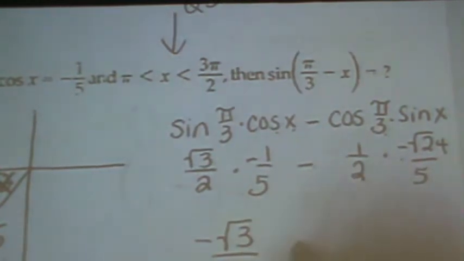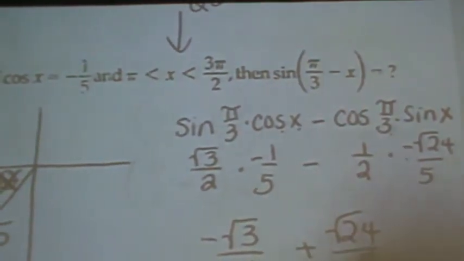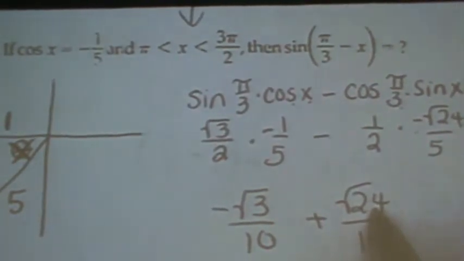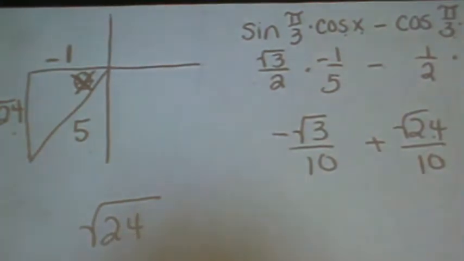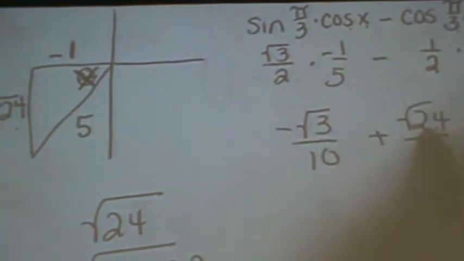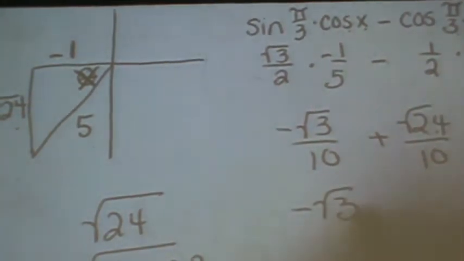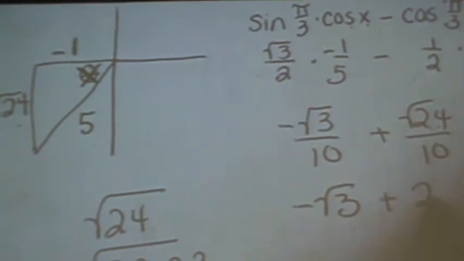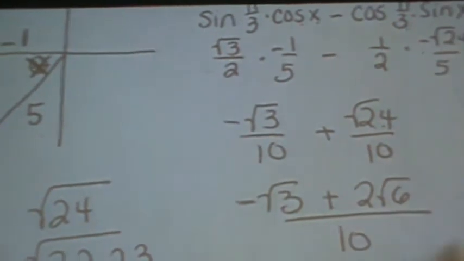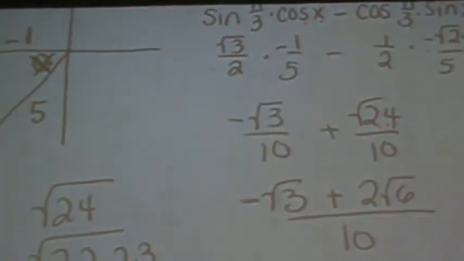And then this would be plus root 24 over 10. And again, you can simplify that because here's 24, so you could write that as 2 root 6. This is 2 root 6, and that's another version of the answer.